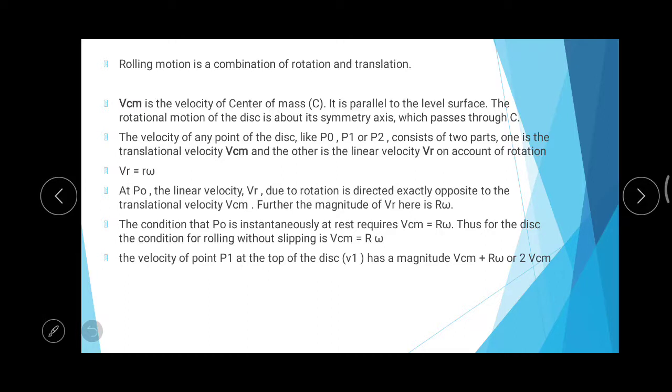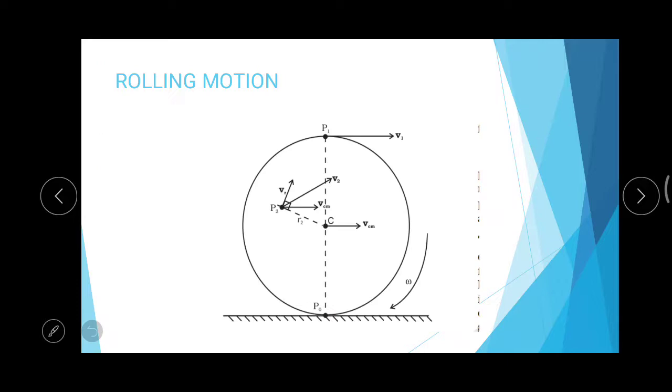So here the linear velocity VR is the reason behind the rotation. And the resultant velocity of vcm and VR is v2.